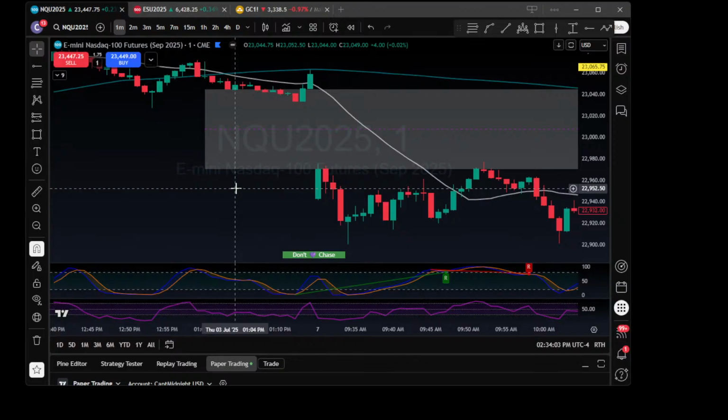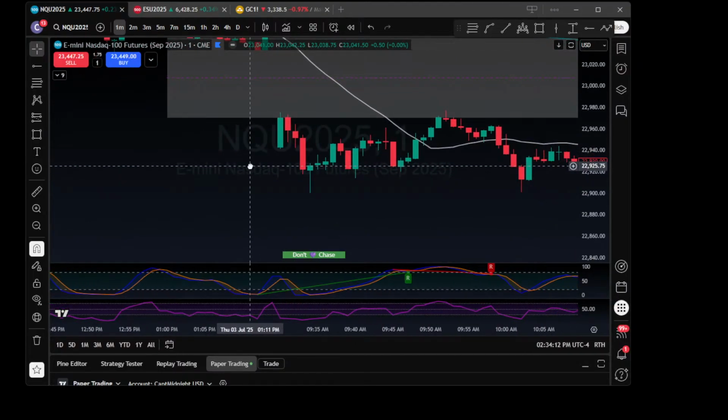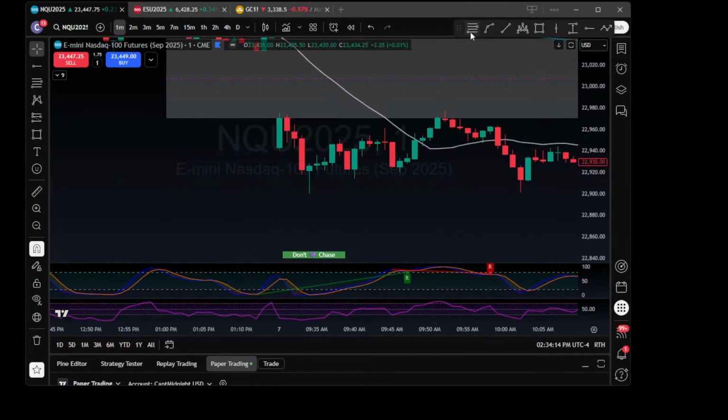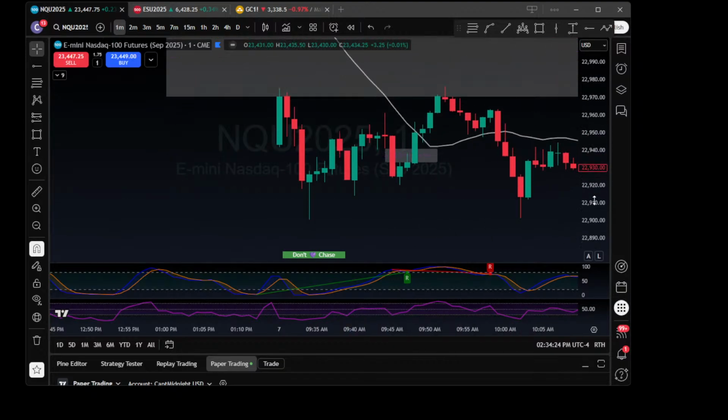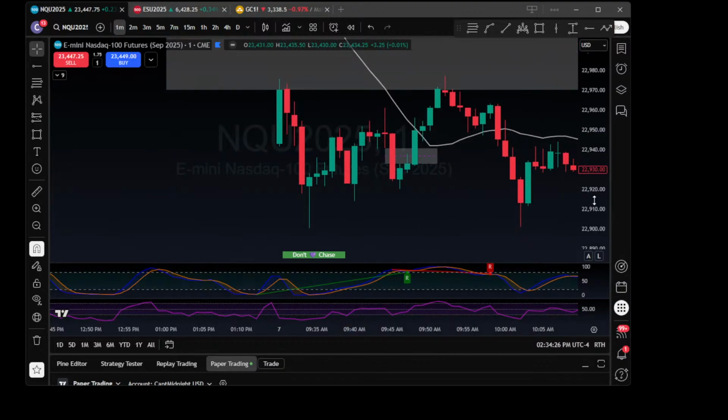Really was laggy today. I want to say it failed on this one because I would have thought this would have kept on coming down, although it never tapped in. So that's looking really good there.